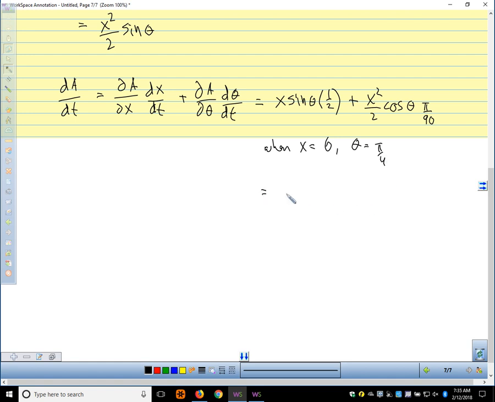We get dA dt is 6 sine pi over 4 times 1/2 of that, plus 36 halves cosine pi over 4 times pi over 90.